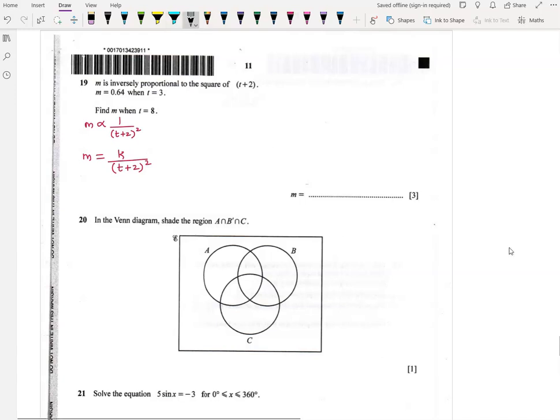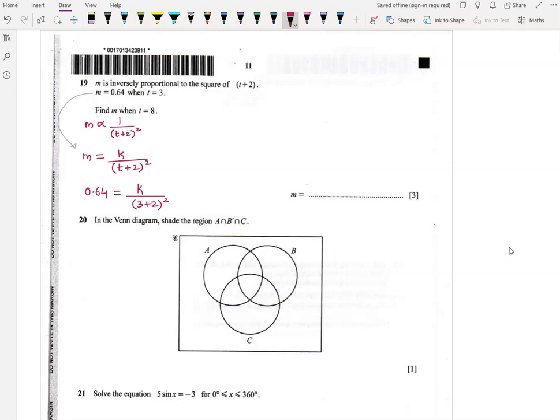Now we have a set of values which is given to you, so we substitute both the values of m and t. So value of m is 0.64 equal to k upon, value of t is 3, so it will be 3 plus 2 whole square. 3 plus 2, that is 5, square is 25.